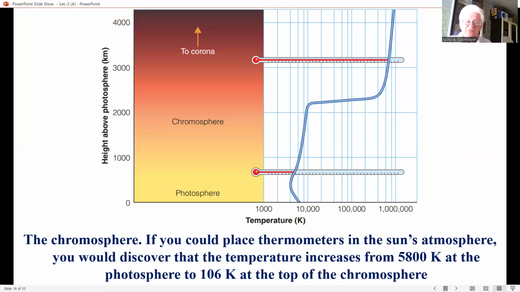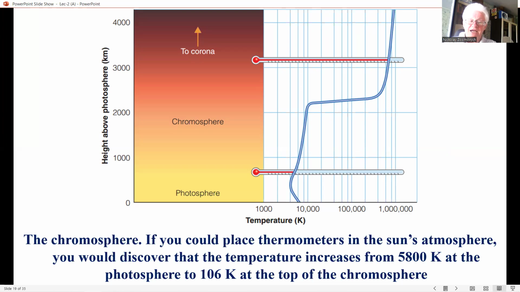That is, they have lost more electrons. From the ionization state of the gas, astronomers can find the temperature in different parts of the chromosphere. Just above the photosphere, the temperature falls to a minimum of about 4,500 Kelvin and then rises rapidly, as you can see in this slide, to the extremely high temperatures of the corona.